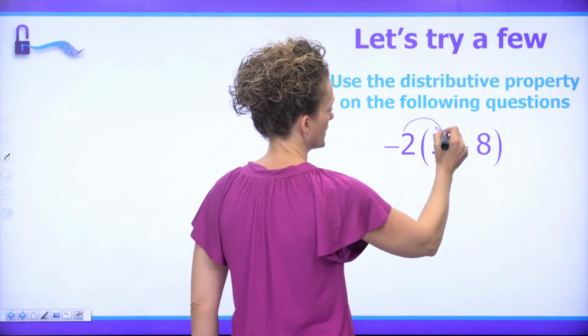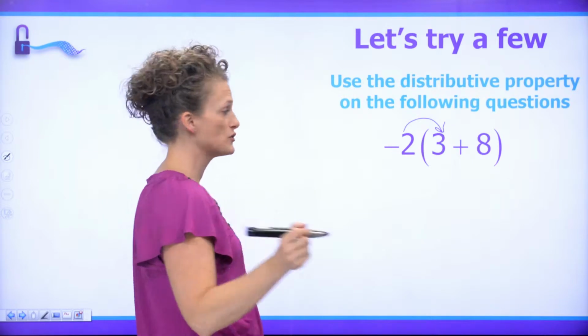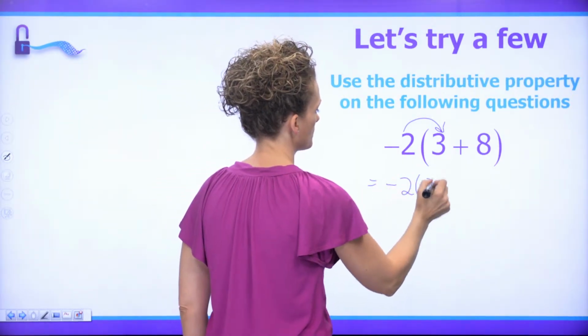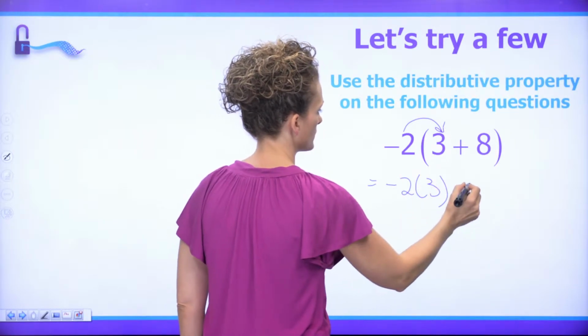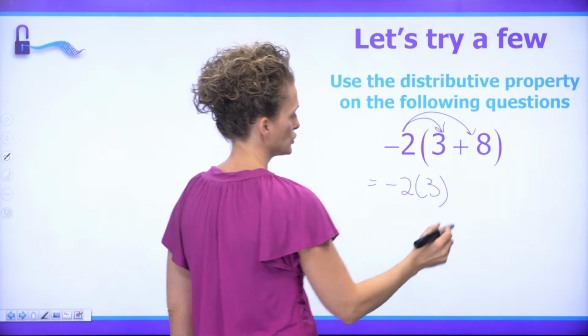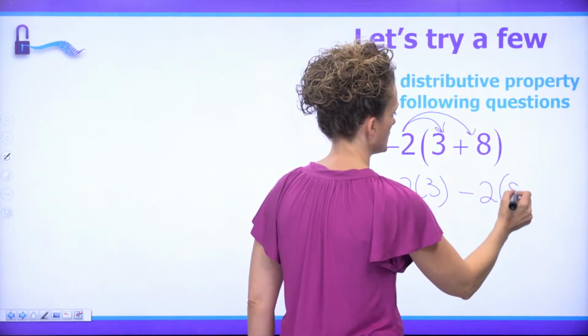First, I'm going to draw an arrow here. That tells me that I need to multiply -2 times 3. And then I'm going to multiply -2 times 8.